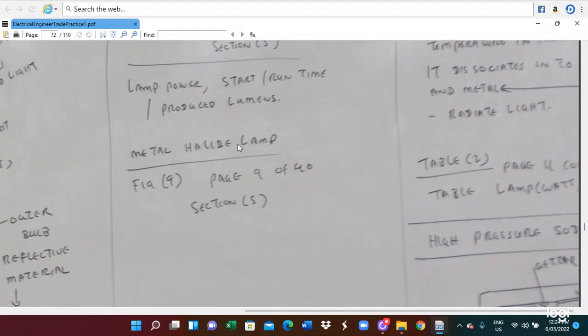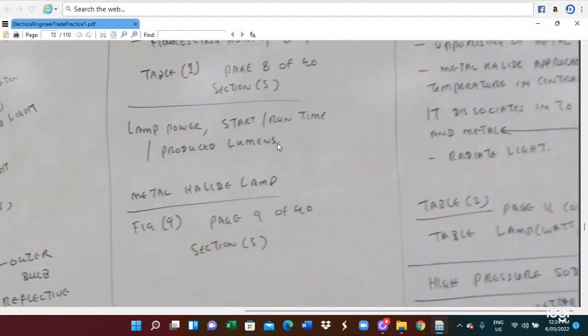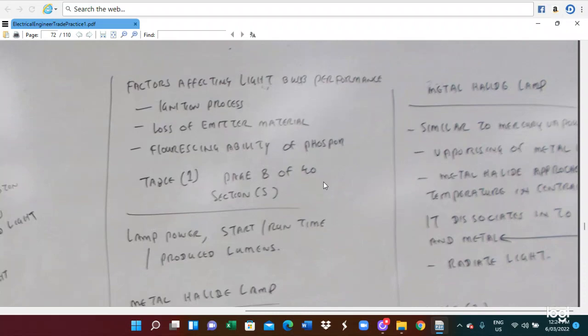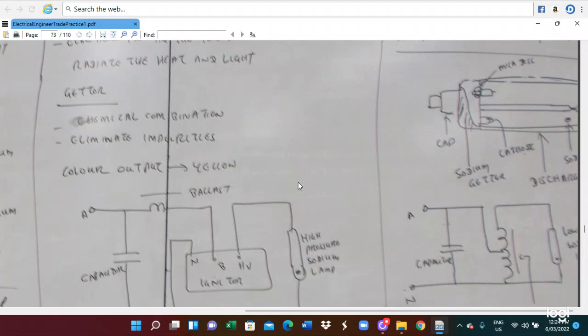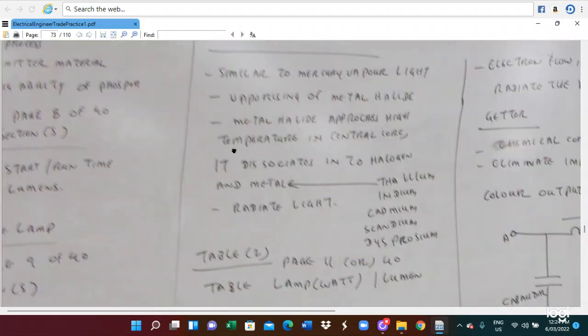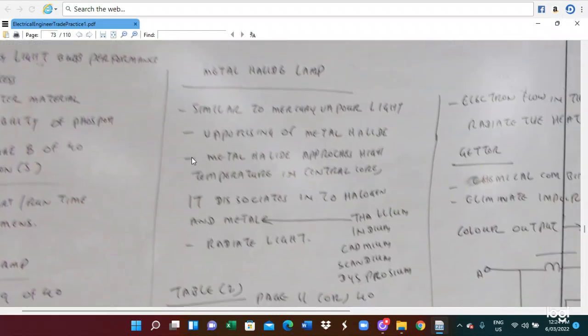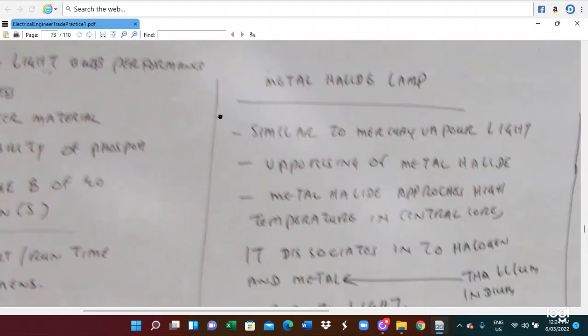In the meantime, we are also talking about the metal halide light. In this case, you have to see section 5, page number 9, figure 9. So this is a metal halide light, you can read it. This is the diagram here. They are similar to the mercury vapor light, where a vaporous halide material is utilized.